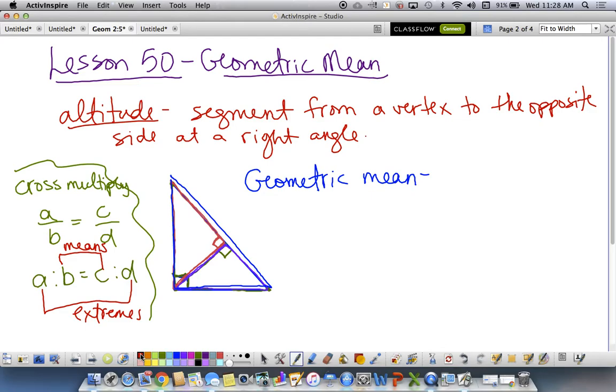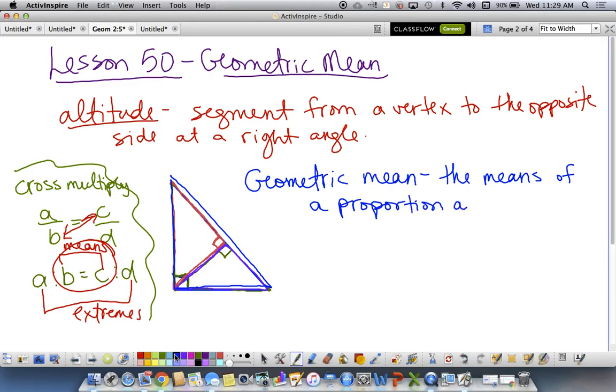So in this paragraph, when it says sometimes the means of a proportion, what are they talking about? B and C. Okay, the means of a proportion are equal to one another. So that's going to be my definition for a geometric mean: when the means of a proportion are equal.